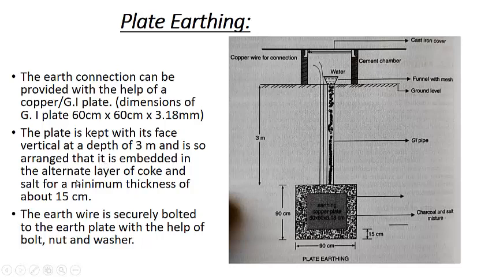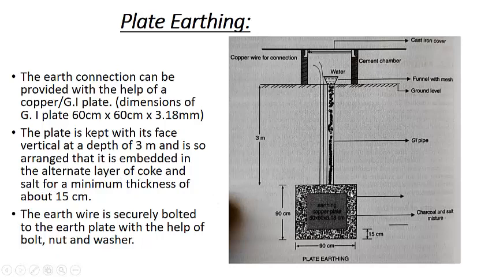It is embedded in alternate layers of coke and salt, or we can say charcoal and salt, for a minimum thickness of 15 mm. You can see we have a minimum thickness of 15 mm. The layers of coke and salt around the plate decrease its resistance.